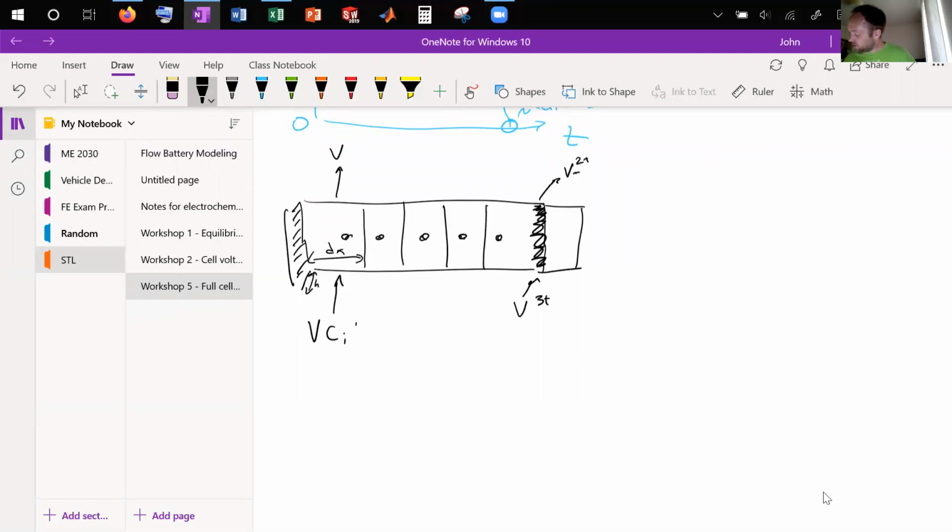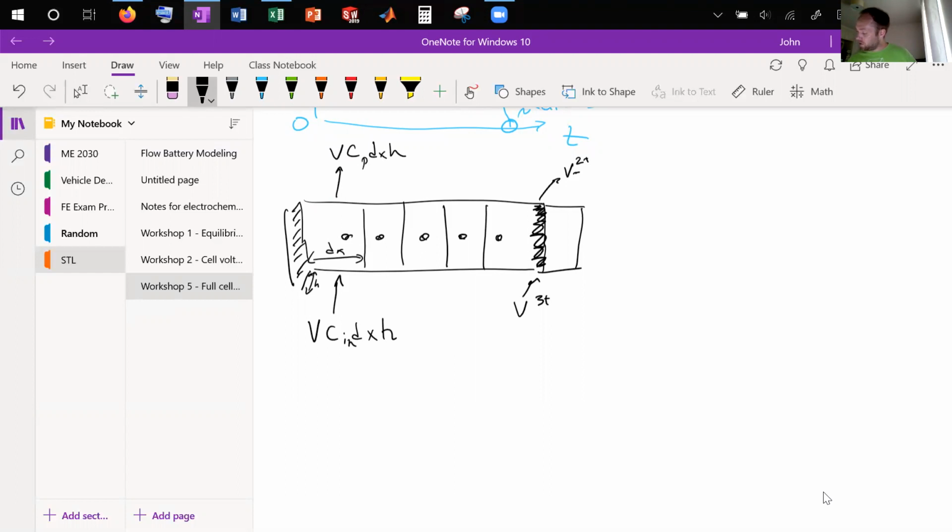So this is going to be dx times the height going in, and what's coming out is going to be v times c, the actual concentration of this point, p, times dx times h.